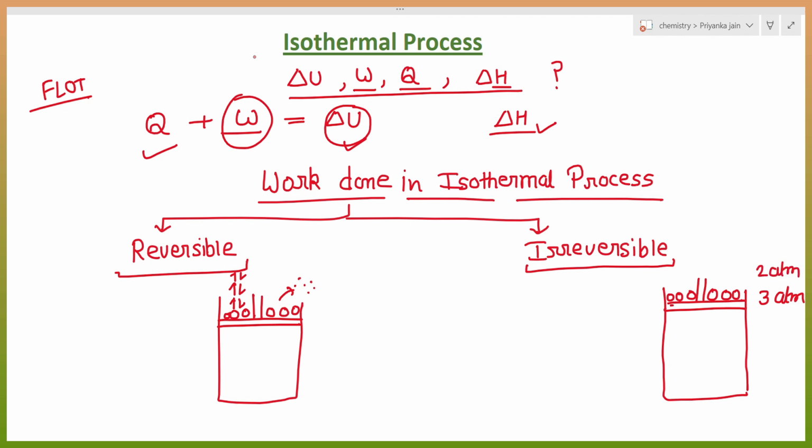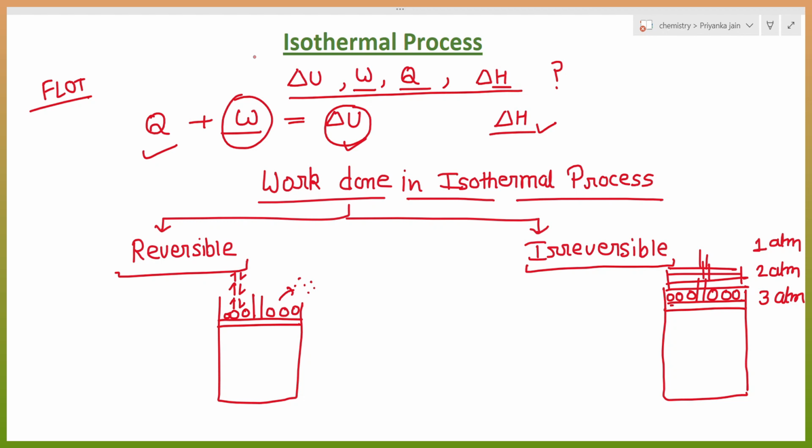So our piston now goes here. Then again we can remove some of the weight and it comes to 1 atmosphere. Now our piston will be here. When we do the process in this manner, it is called irreversible because there is no step that is like a reversible process.